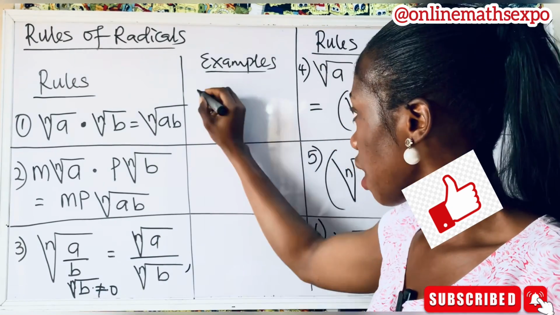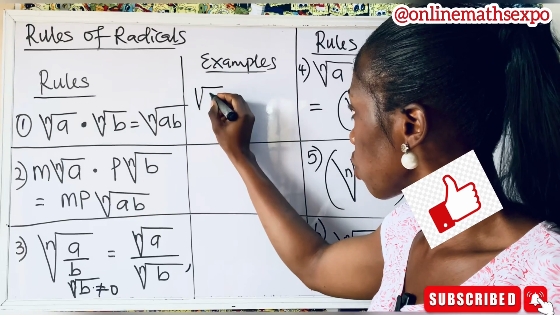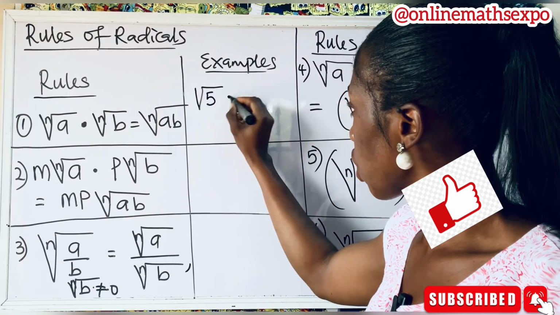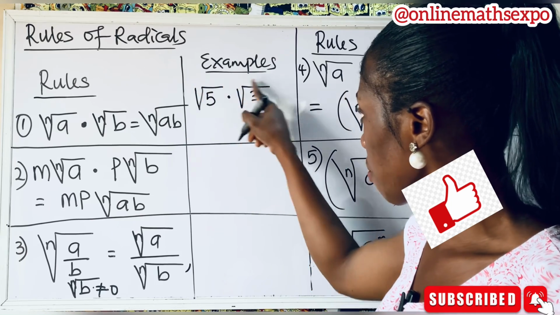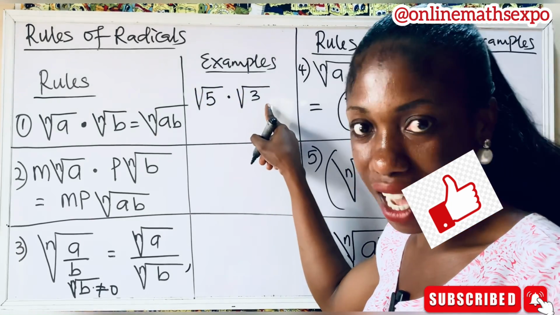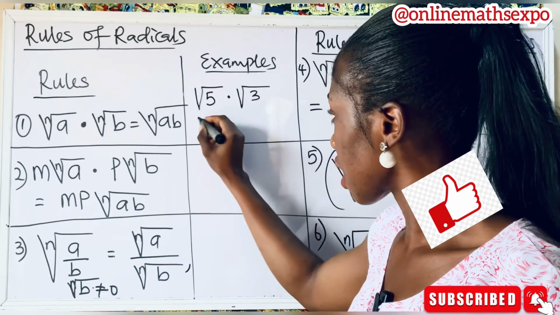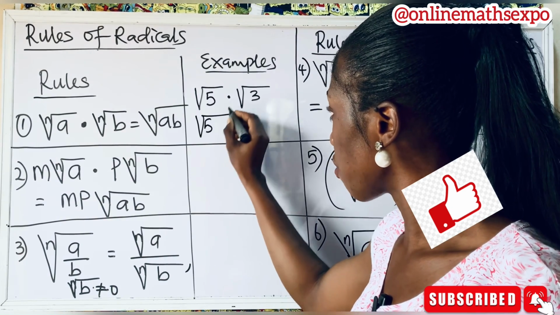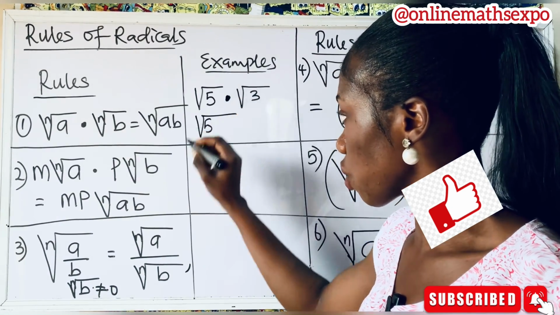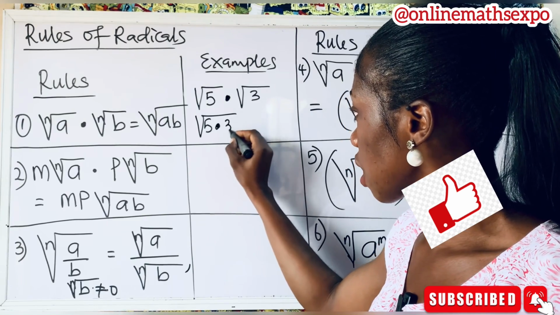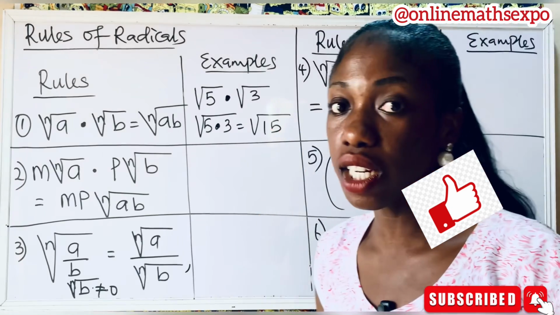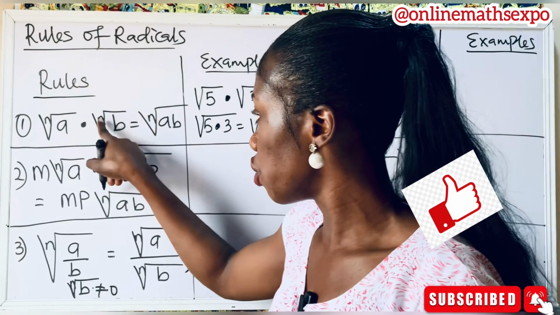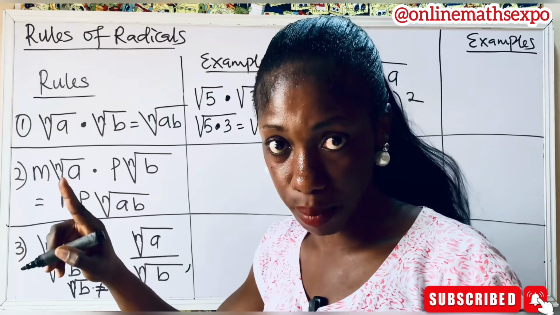So we can have an example like the square root of 5 multiplied by the square root of 3. You see that the roots are the same, so we can multiply their radicands. In that case, we are going to have the root of 5 times 3, remember this is multiplication, which is going to give us root 15. Did you see that? It's only applicable if the nth roots are the same.